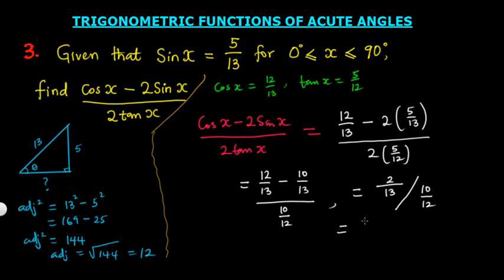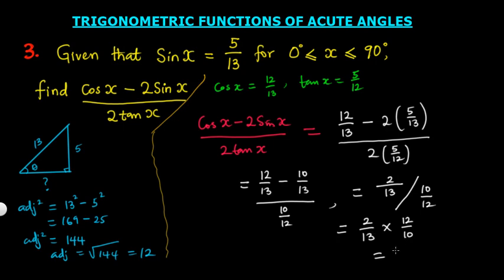And that can be said as 2 divided by 13 multiplied by 12 divided by 10. So we can reduce this: 2 goes here, 1; 2 goes here, 5.